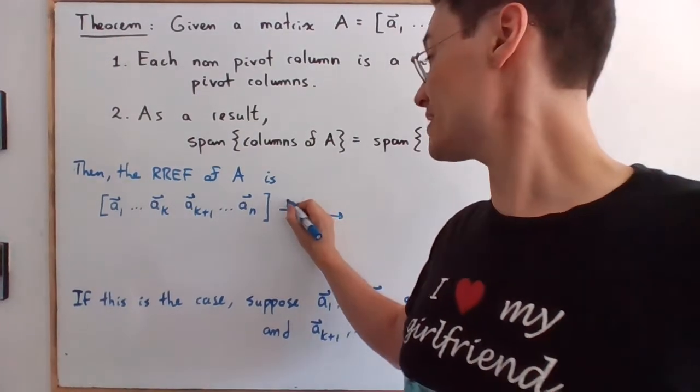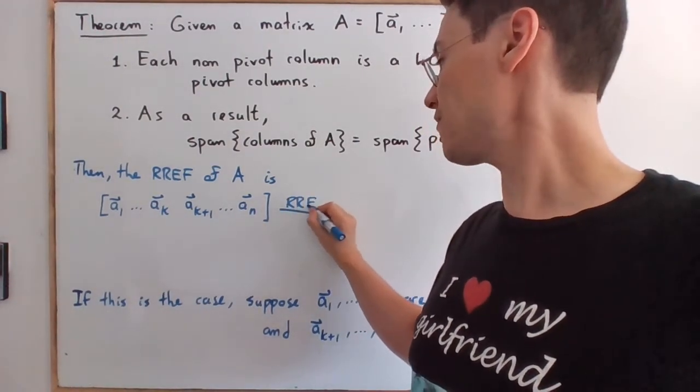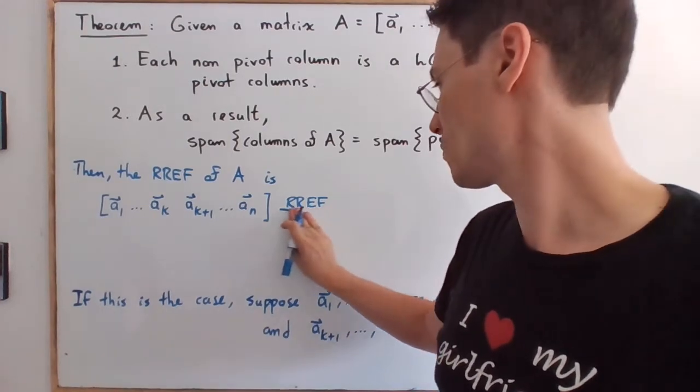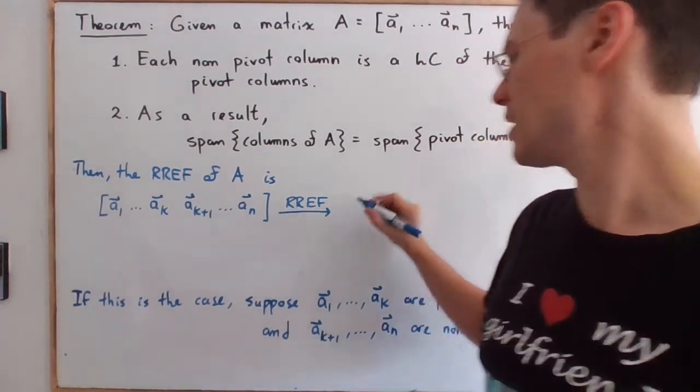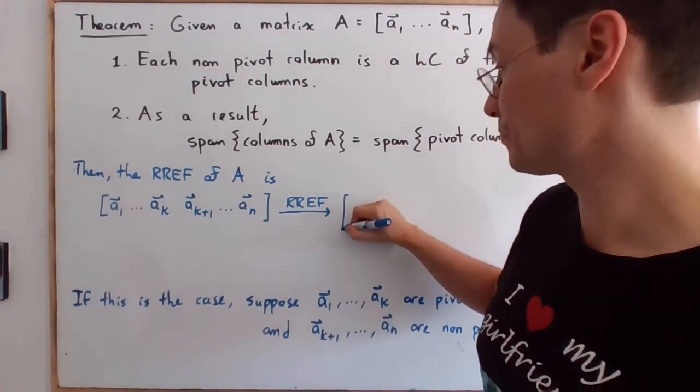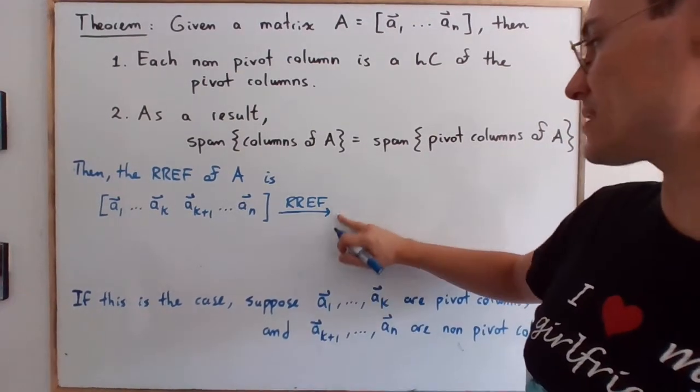And by putting this into reduced row echelon form, what we get is something like this.